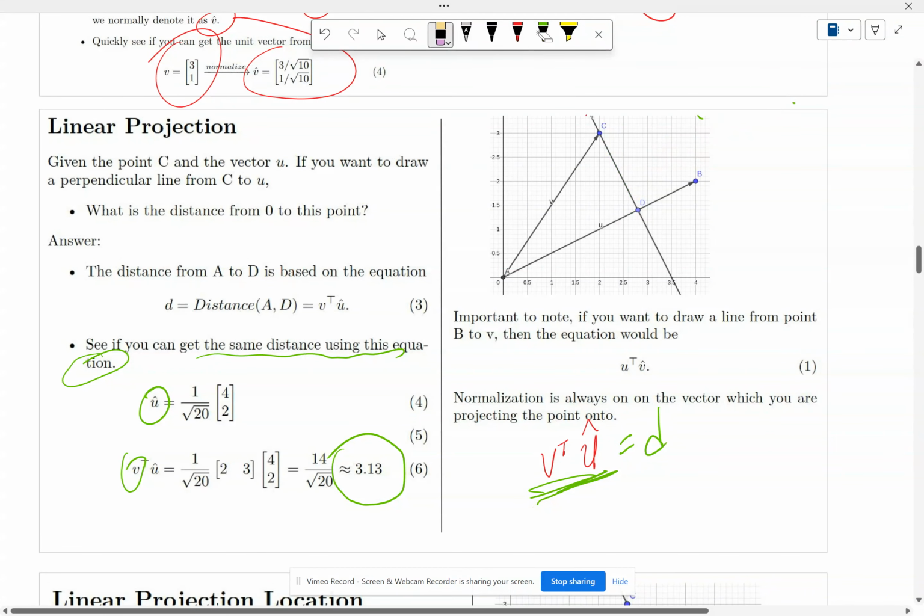It's almost like pretend you have the sun here. Here's the sun, and the sun ray is coming down and is casting a shadow. And d is essentially the size of the shadow. Okay? So this is called projection.